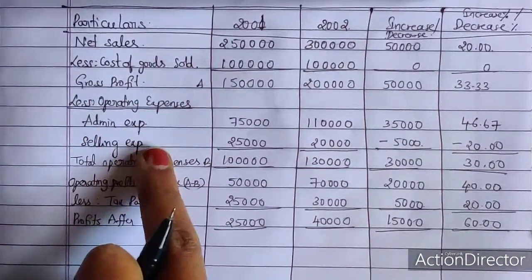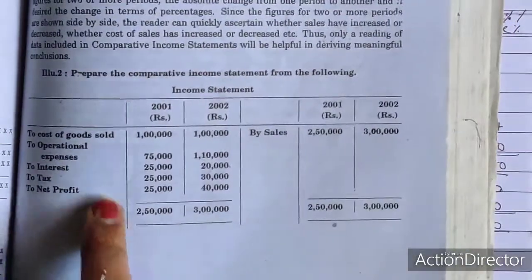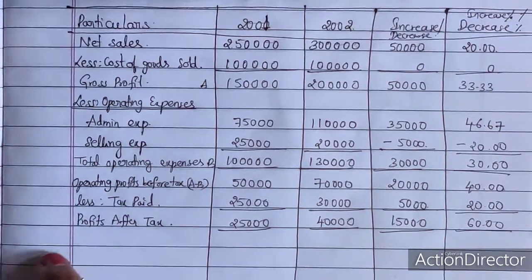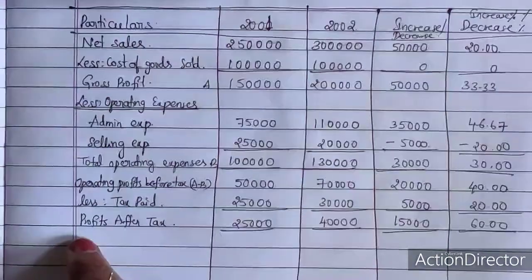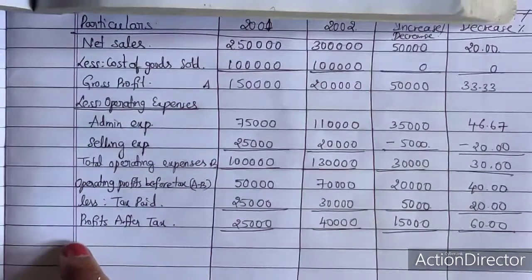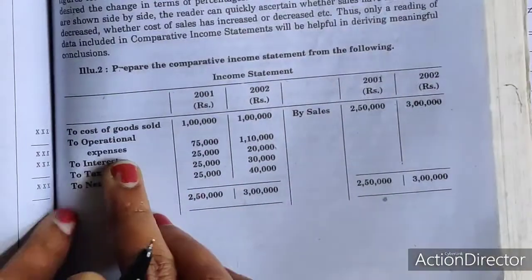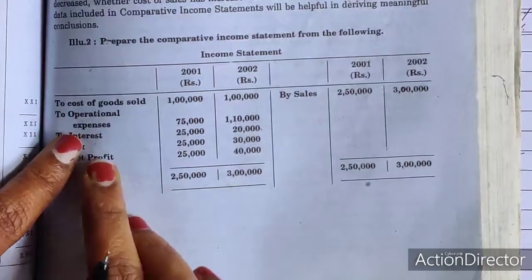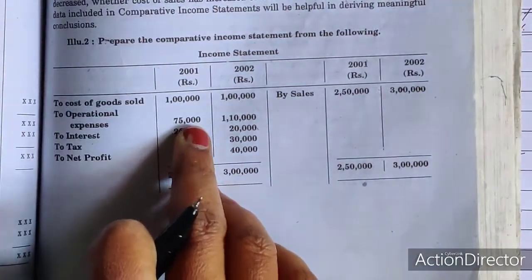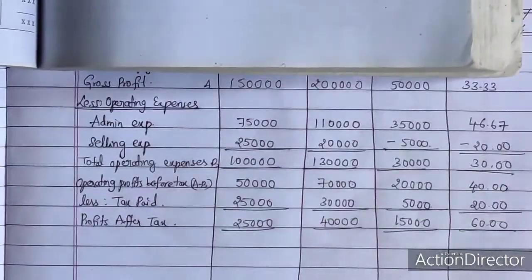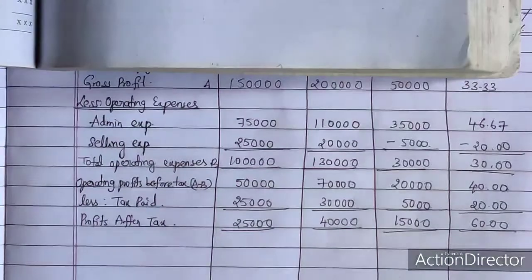So in the problem we are given operational expenses 75,000. So here in this problem you need to add one more thing: operational expenses 75,000, 1,10,000, and the next one is selling expenses.